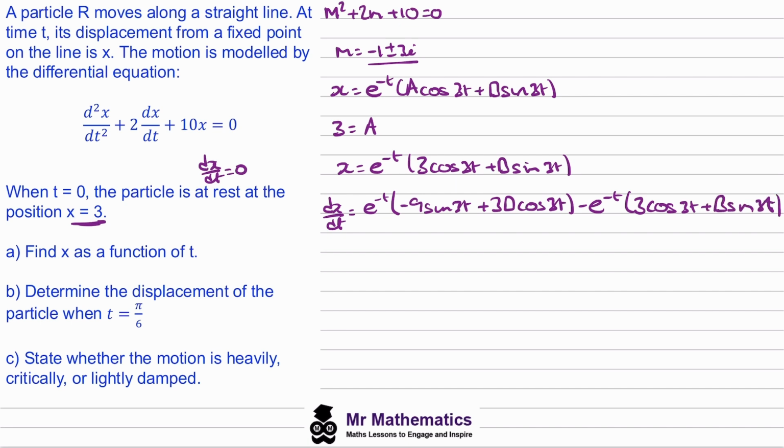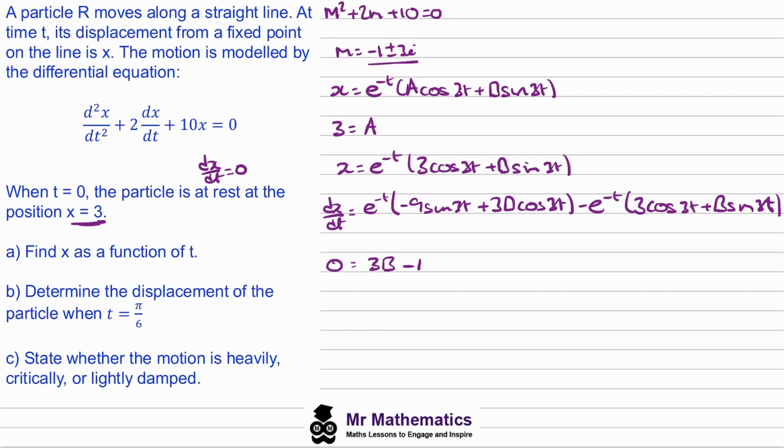So I'm not going to expand this out anymore. I'm just going to substitute in when t equals 0 and dx by dt is 0. So 0 will equal, this term will become 1, this term will become 0. So we're left with the cos of 0, which is 1. So this will just give us 3b. And then this will become negative 1.